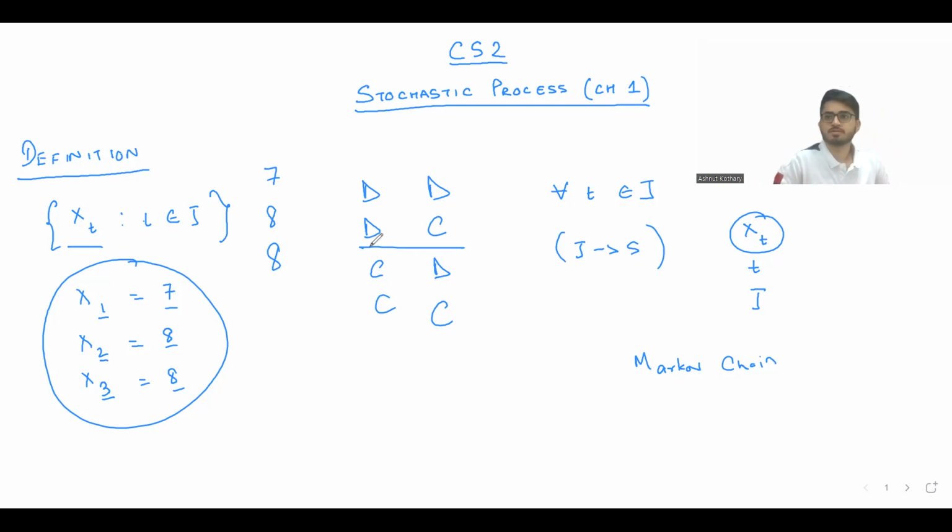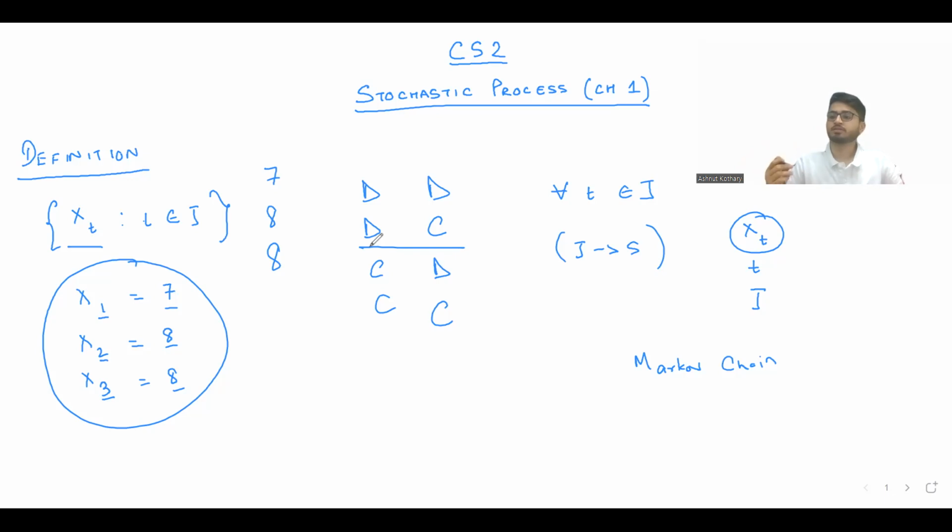Number of customers, that state space becomes discrete. Time spent in shop each day, again makes sense. If I want to measure time, this will be continuous in nature. So my state space becomes continuous and I'm measuring it each day, so my time set is nothing but discrete.